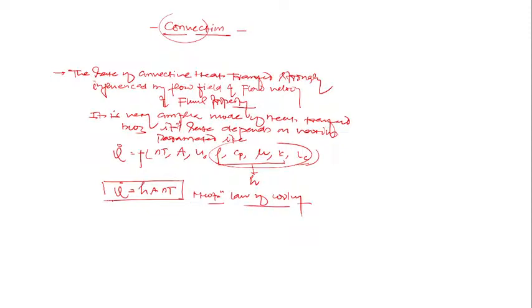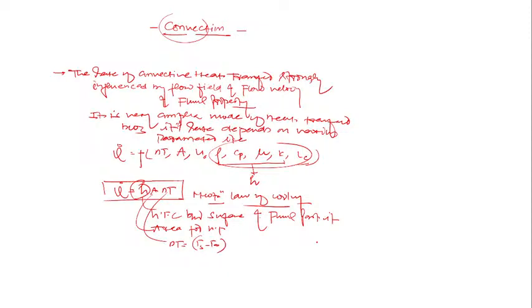Although the expression for calculating the heat transfer rate by convection is very simple, h A delta T, h is the heat transfer coefficient between surface and fluid past it. A is the area for the heat transfer. And delta T is the temperature difference, Ts minus T infinity: surface temperature minus surrounding fluid temperature.